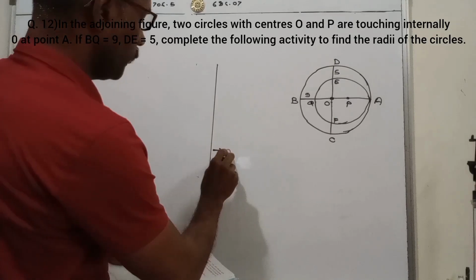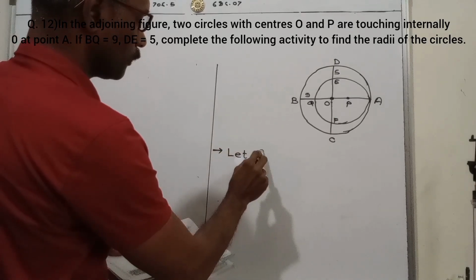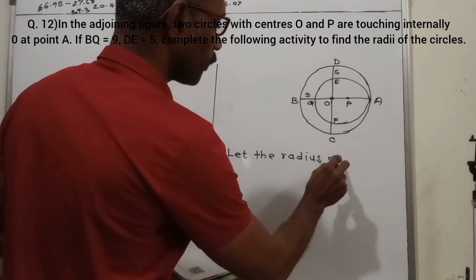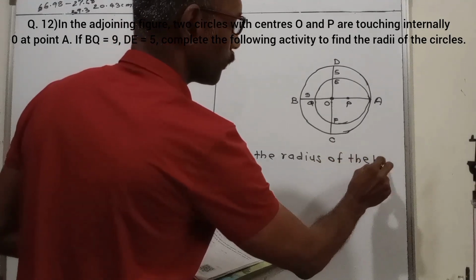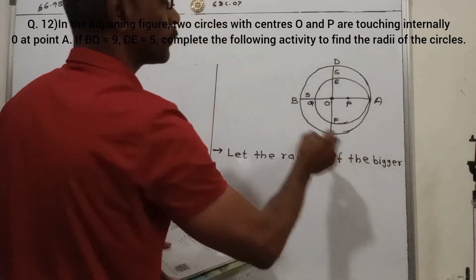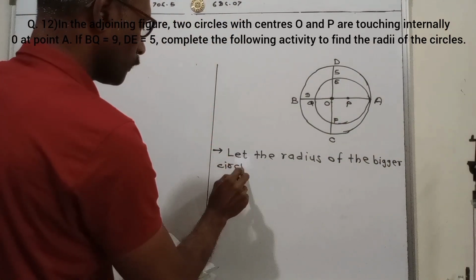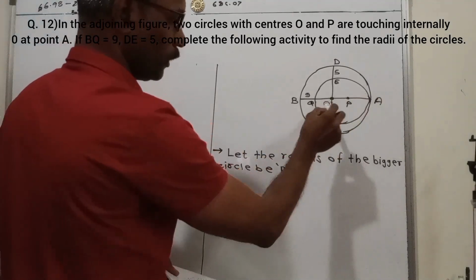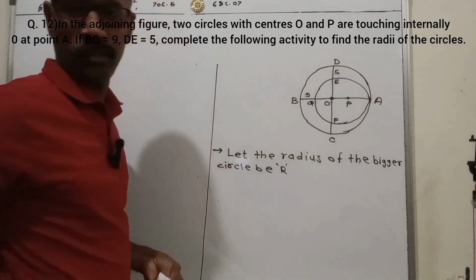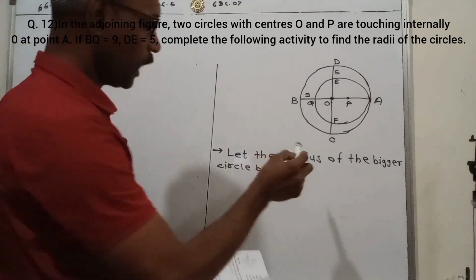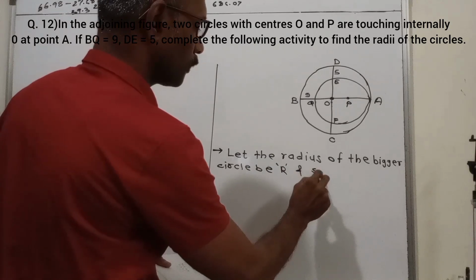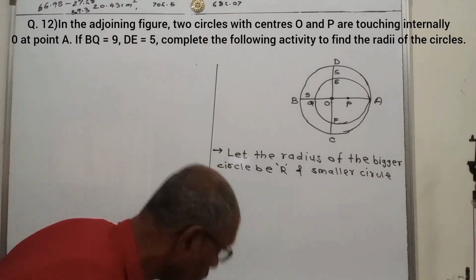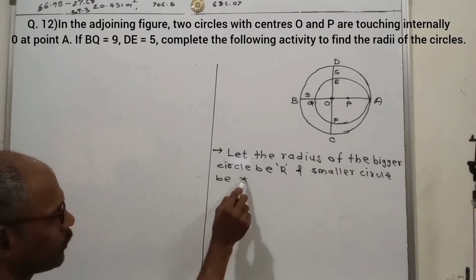We have given, let the radius of the bigger circle be capital R, means OA, OB, OC, OD is equal to capital R, and the smaller circle be small r.